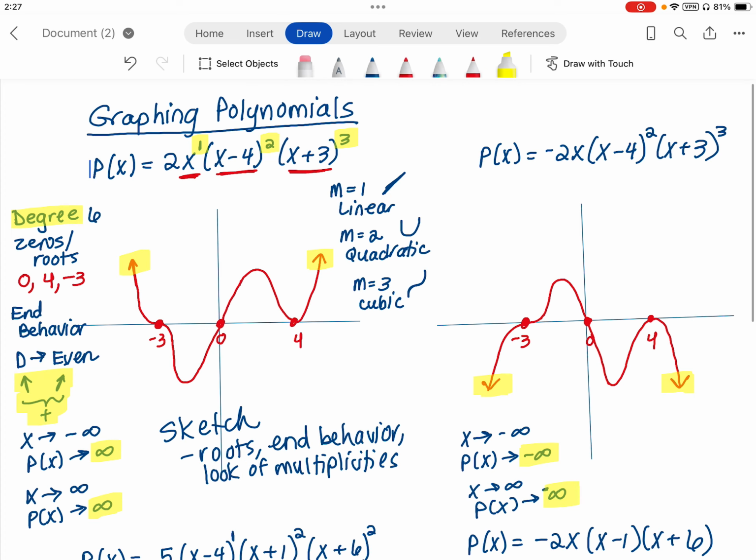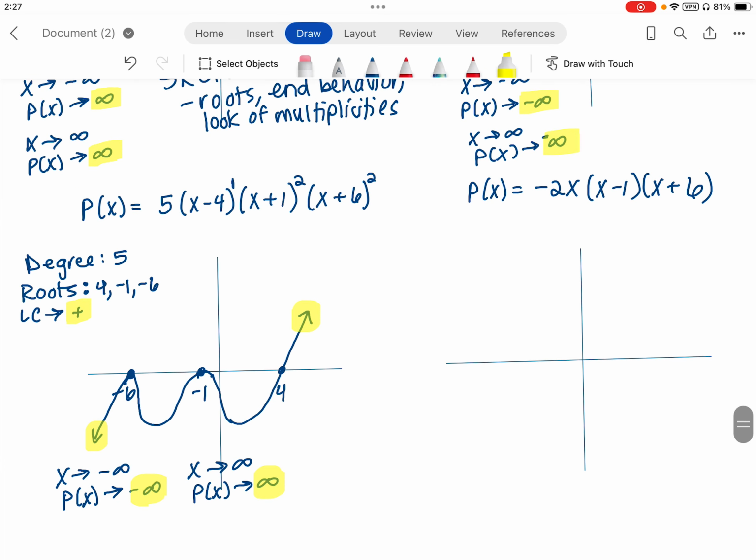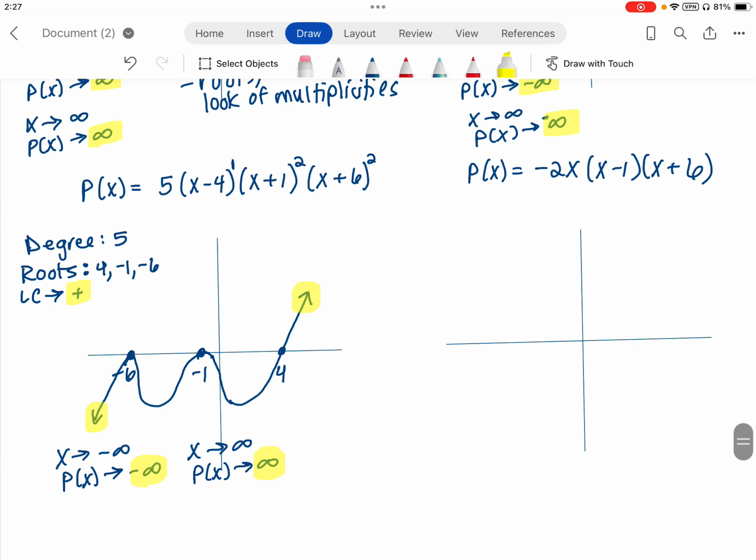Okay, so look at this other example here, okay, and this is another situation where we have an odd degree. So I have a degree of 3 on this one, okay? Now what's nice about this one is that we just have multiplicities of 1 all the way through, right?